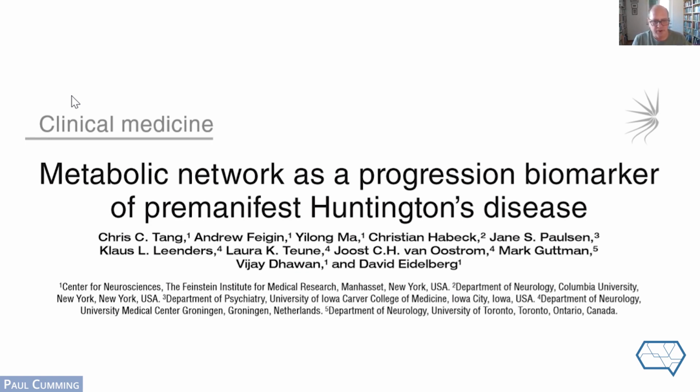And David Eidelberg from Long Island, I guess, has been a major proponent of this approach to, in effect, extract out patterns that are characteristic of the metabolic disturbance of one disease or another. For example, the metabolic pattern that he discerns for Huntington's disease is very distinct from that which is described for Parkinson's disease, despite certain vague similarities in pathologies. Next slide.